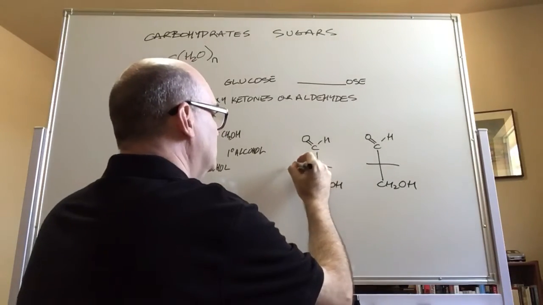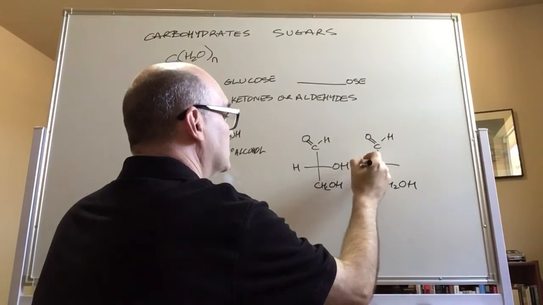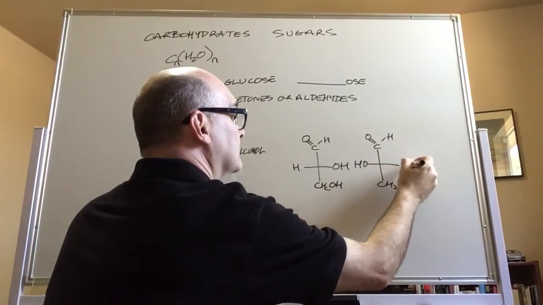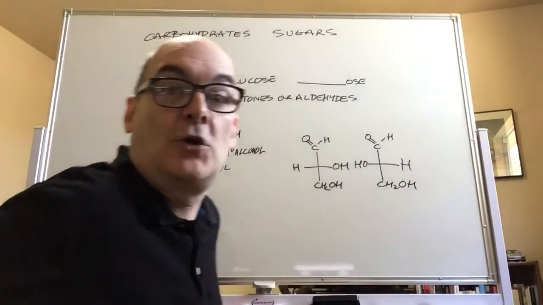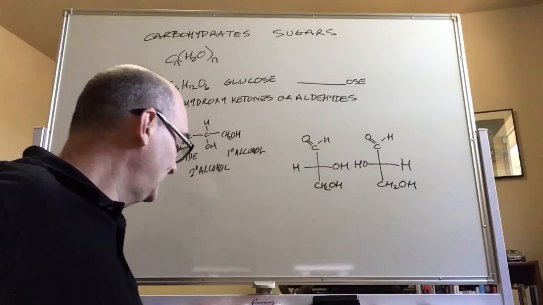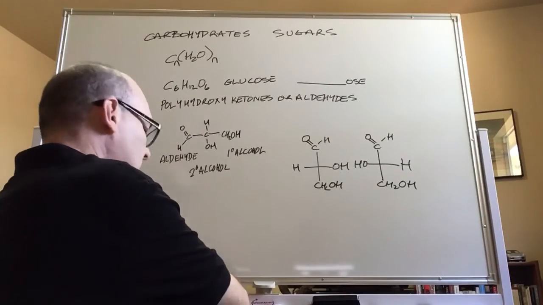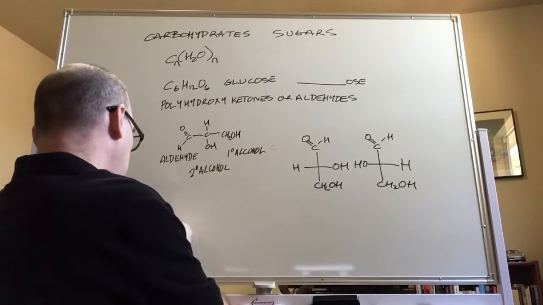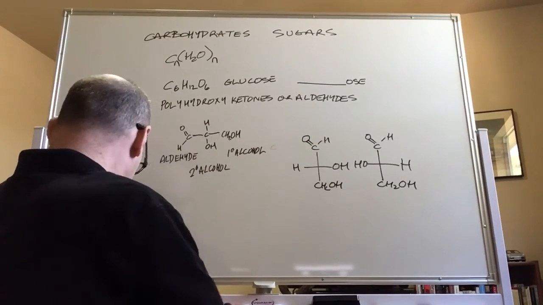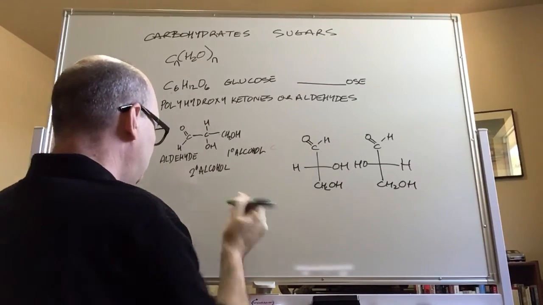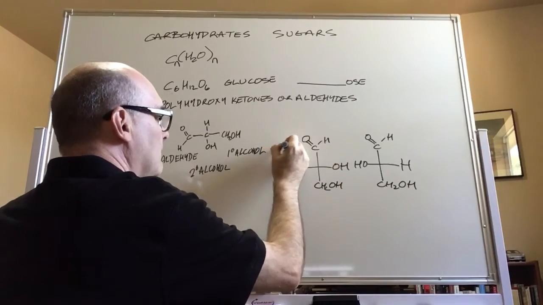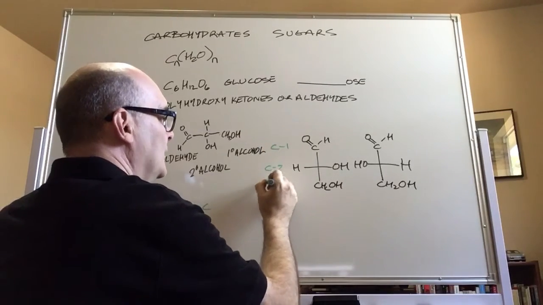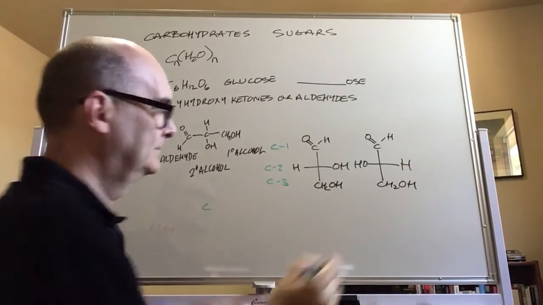And then the secondary alcohols go in the middle part. And this is a new pen. It's really good. Carbon 1, carbon 2, and carbon 3.